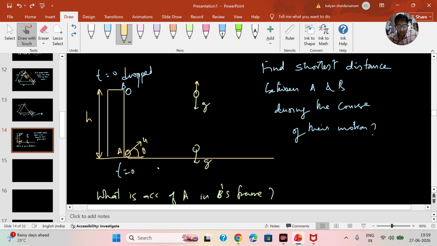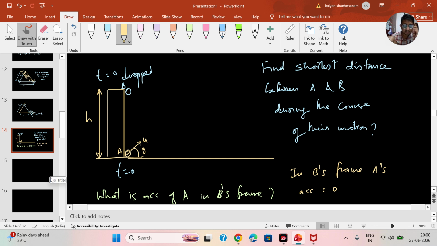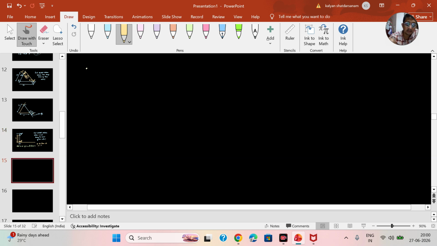This is an important point. That means in B's frame, A's velocity will be constant. Let's write this. In B's frame, A's velocity is constant.